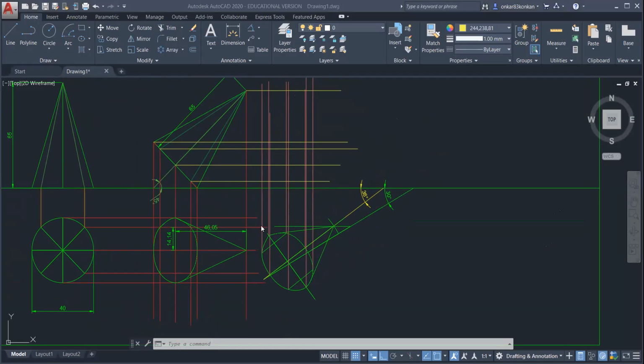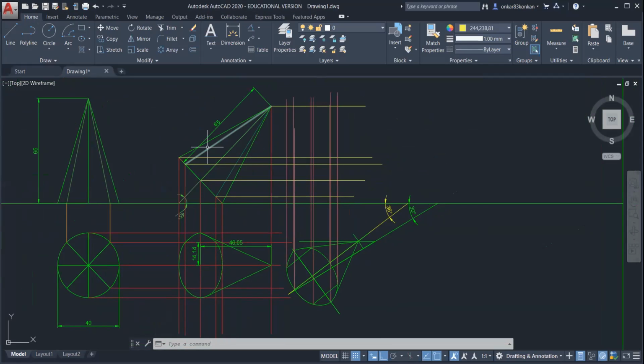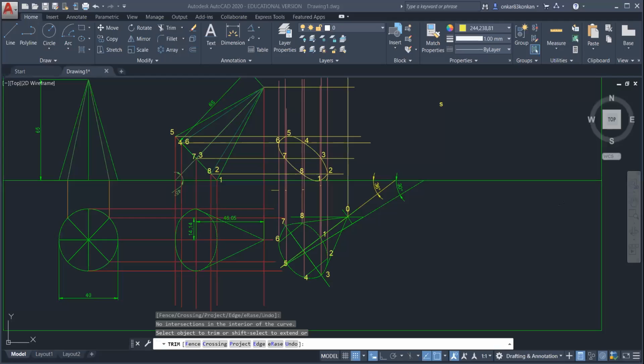Now give names to the points on the circumference so that you can find the intersections in the front view. In this way, you can complete the front view.